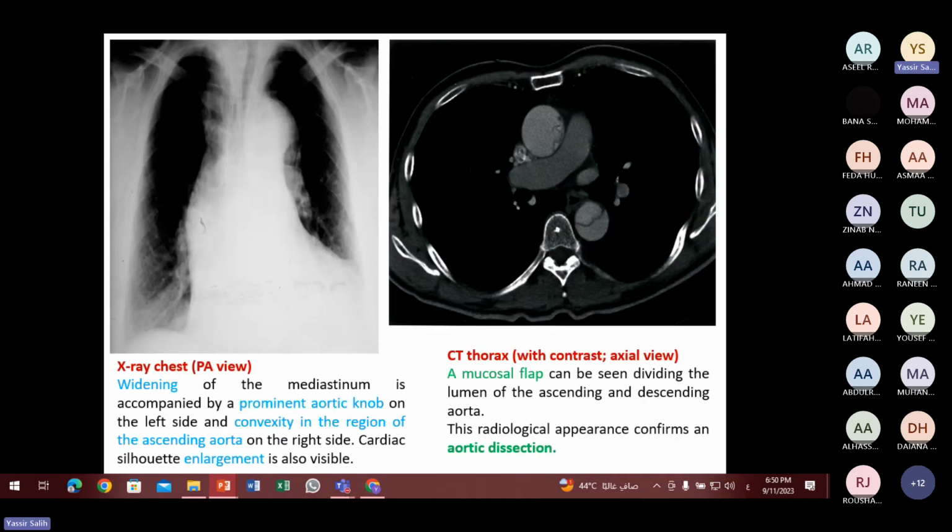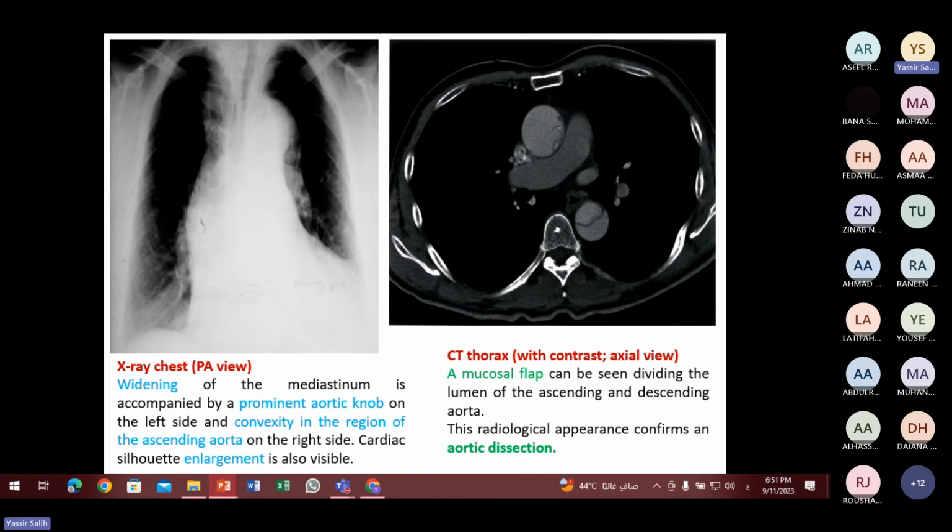If aortic dissection is suspected, we can do an X-ray, which demonstrates widening of the mediastinum. Here the patient has a widening of the mediastinum. The differential diagnosis for widening of the mediastinum includes aortic aneurysm, rupture of a blood vessel, and even esophageal rupture.